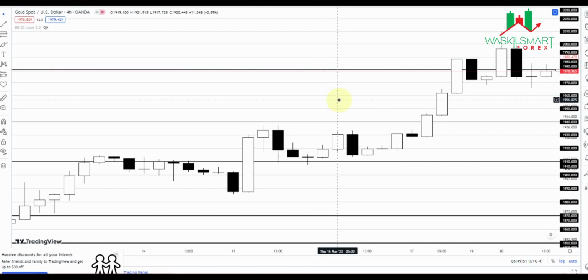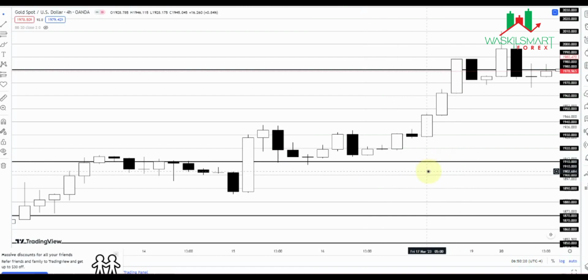On gold, the psychological levels are 100 pips apart. So let's say, for example, I'm looking at the psychological level that is here. This is where we base our trade on today. This line here is 1910. I demarcated the whole psychological levels on my chart so I can understand where the market is reacting from.